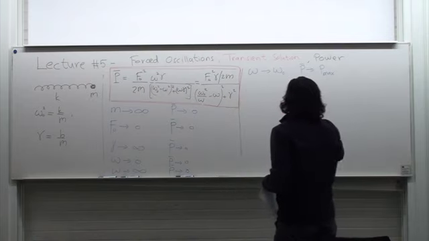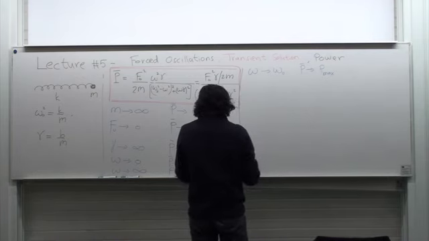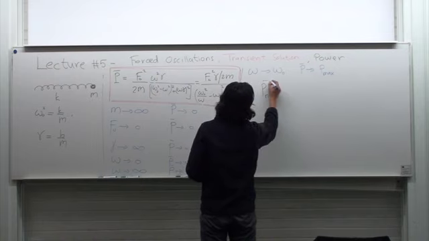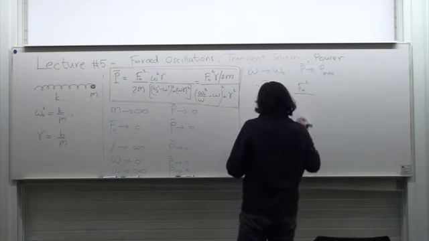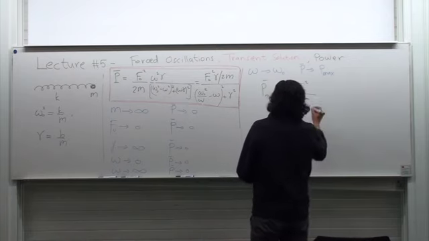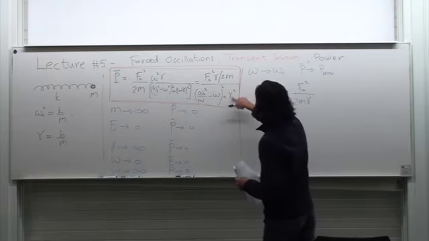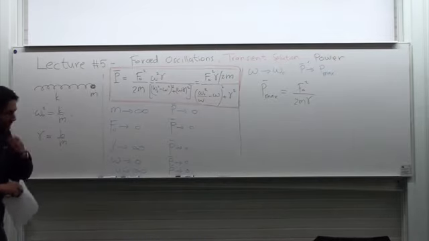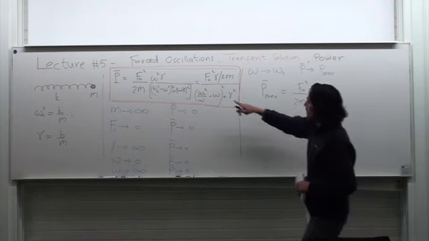Okay, so in this case, we have P max f0 squared over 2 m gamma. We lose one gamma here. Is that correct?